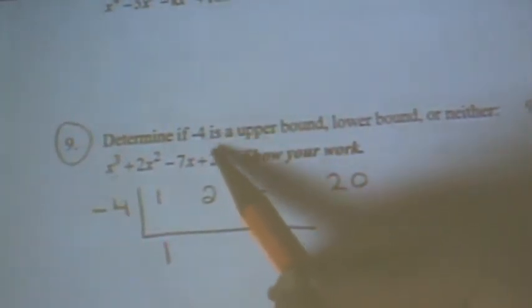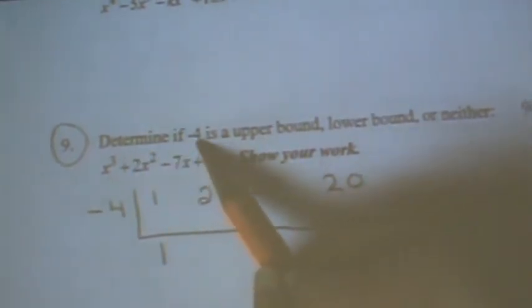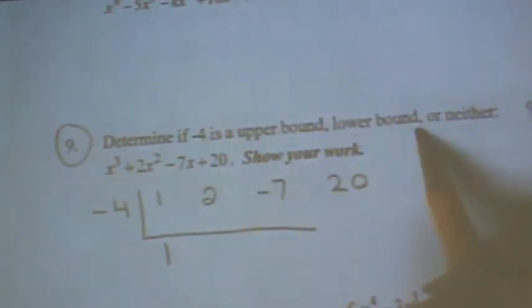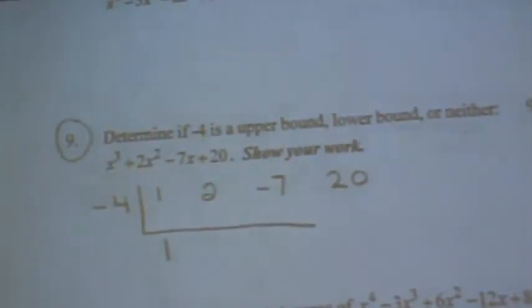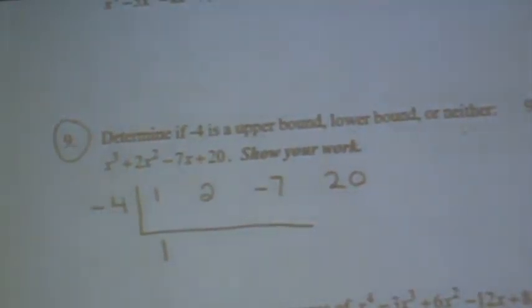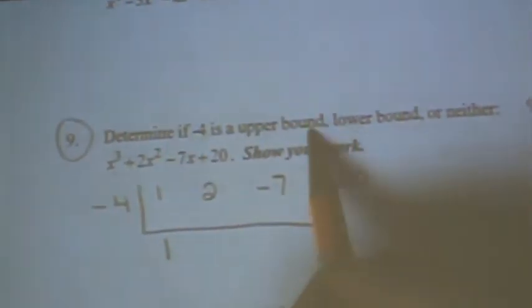The question should say, determine if -4 is a lower bound or not. It should never be an upper bound. It's a trick question. Or it should say determine if 4 is an upper bound or not. So that's what it should be.